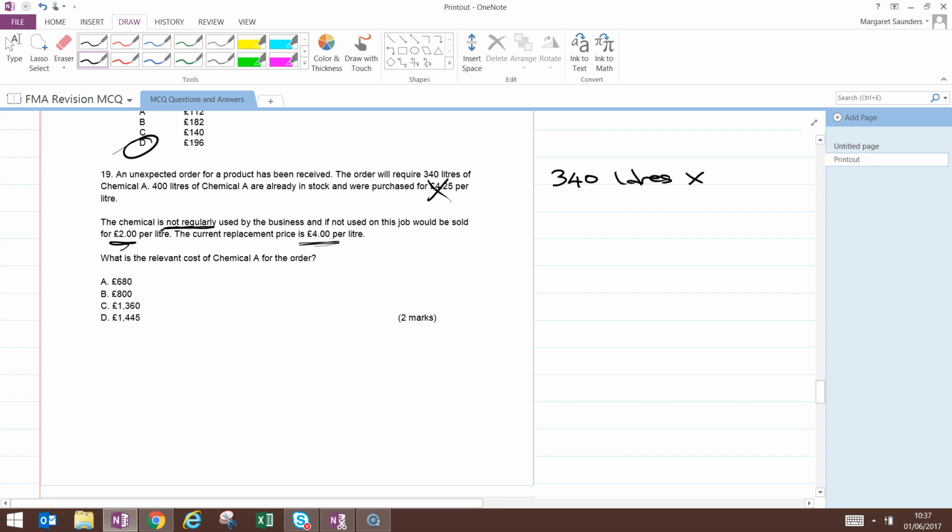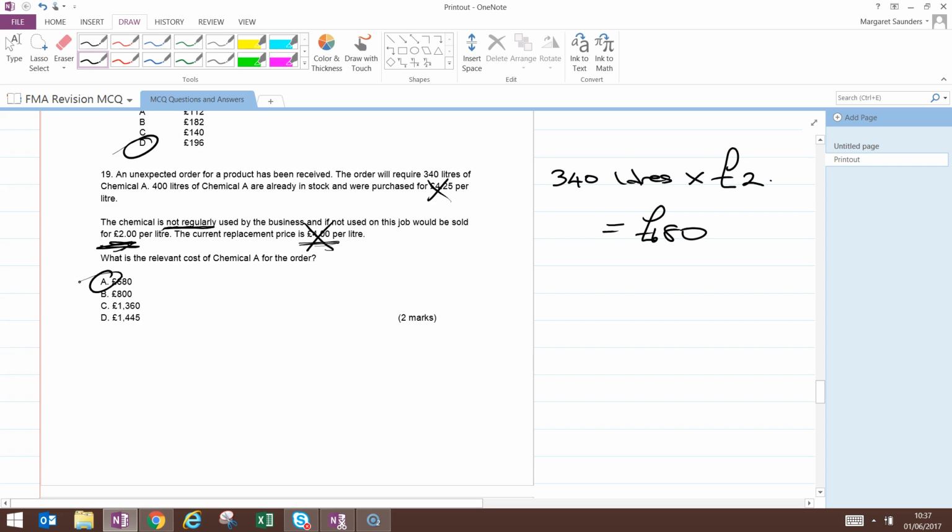So if it's not regularly used, it's not going to be replaced. So we're not interested in the current replacement price or current purchase price. Instead, we're interested in what we could sell it for basically as scrap. So that's the £2. 340 times £2, 680. Answer A.